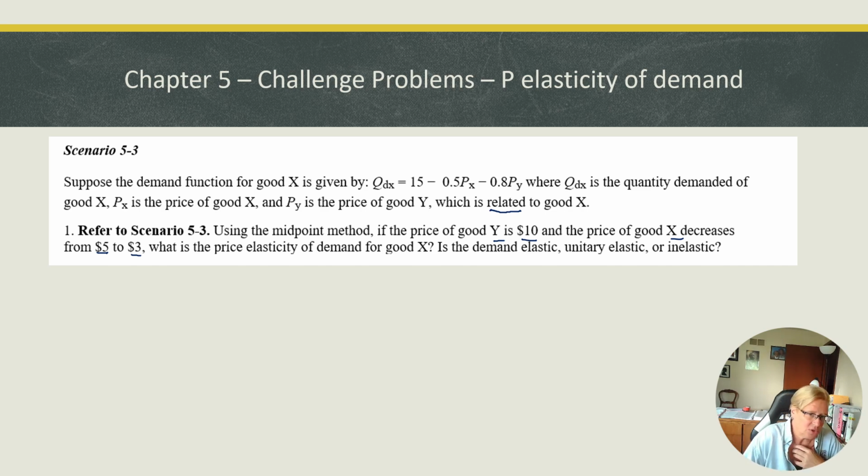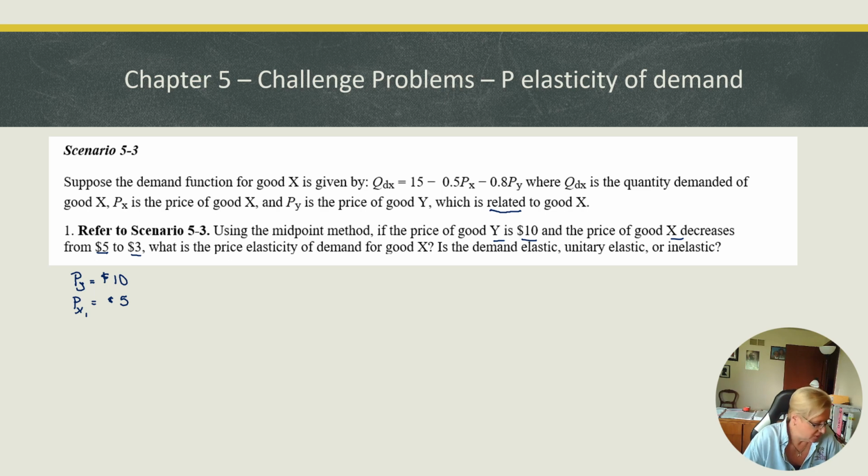Okay, so the first thing we want to do is separate out what's happening here. The price of good Y is going to equal $10, and the price of good X, which I'll label 1, is going to be equal to $5.